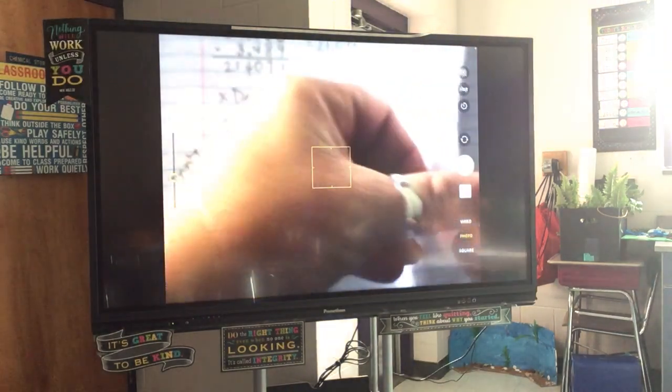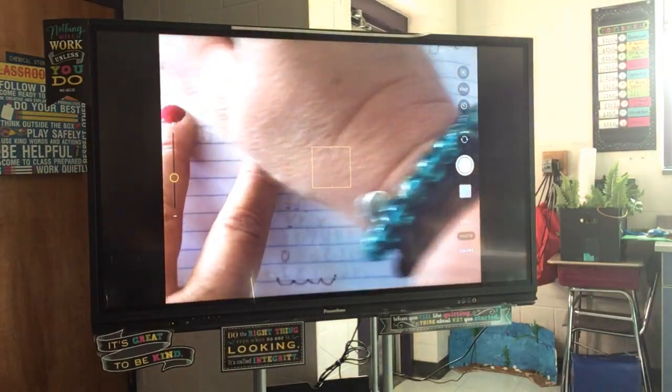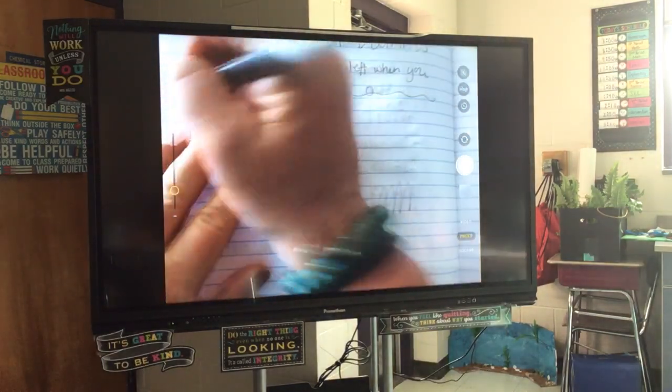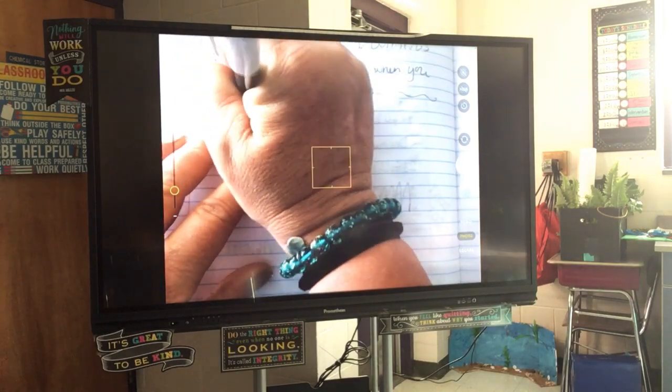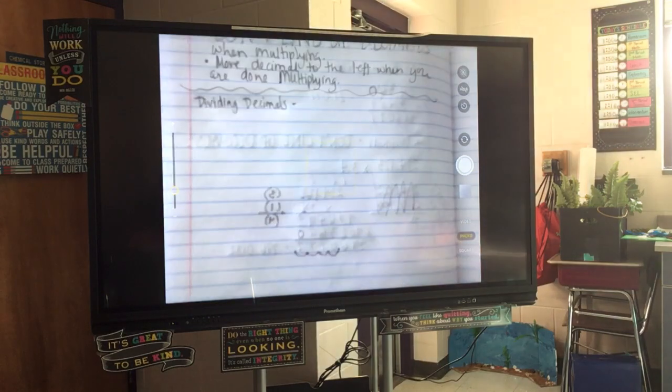Alright, we're gonna turn the page. We have dividing decimals. I'm going to draw a line here. And we're going to talk about dividing decimals, and there are 2 types.